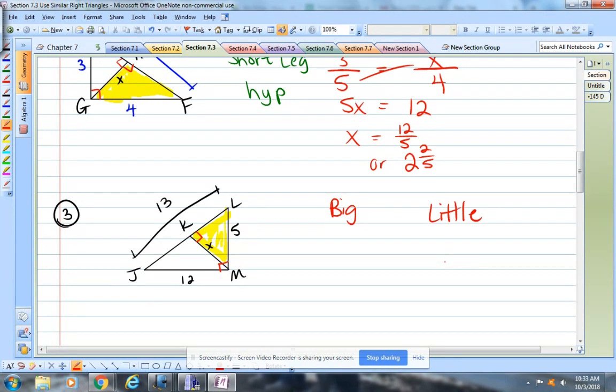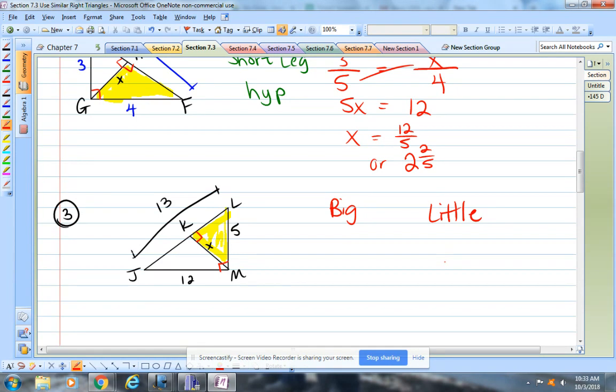And what am I trying to find? X, right? Is X a leg or a hypotenuse of that little triangle? It's a leg. All right. It's kind of hard to tell, but I think it's probably the short leg, but I'm not 100% sure. And what else did they give me in that triangle?